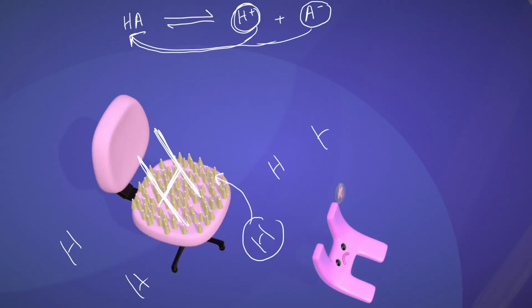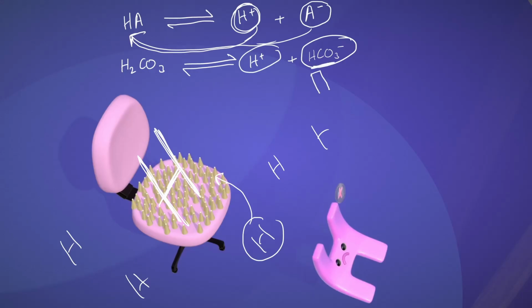So let me give you an example. For example, the acid is H2CO3. It will dissociate into H positive plus A negative. Here the A negative is actually HCO3 negative. Now if there is too much proton, this chair, HCO3 negative, is like a chair.